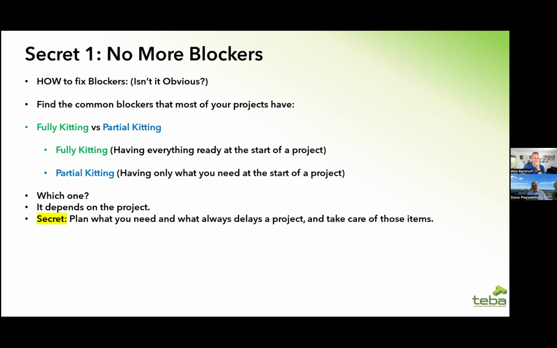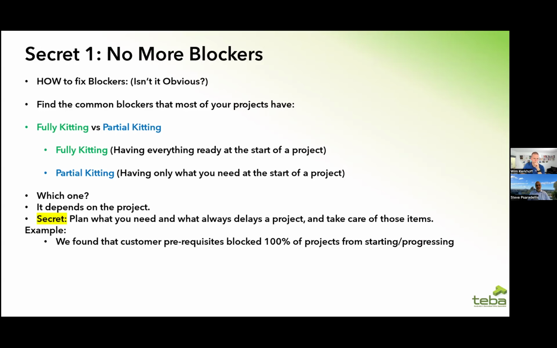And you might be thinking, what does always mean? Well, in our example, and it took us months to notice this pattern, we found that customer prerequisites blocked 100% of our projects. Every single project was delayed by the customer not doing their prerequisites. Every single project.